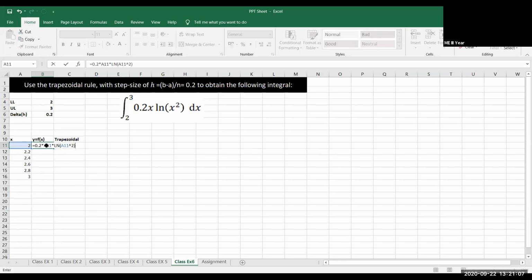Then we have to move up to the last. Then the trapezoidal method. You already know the trapezoidal method: b minus a into fa plus fb, in brackets, into 0.5. So the first cell value will be 0, always keep that in mind.